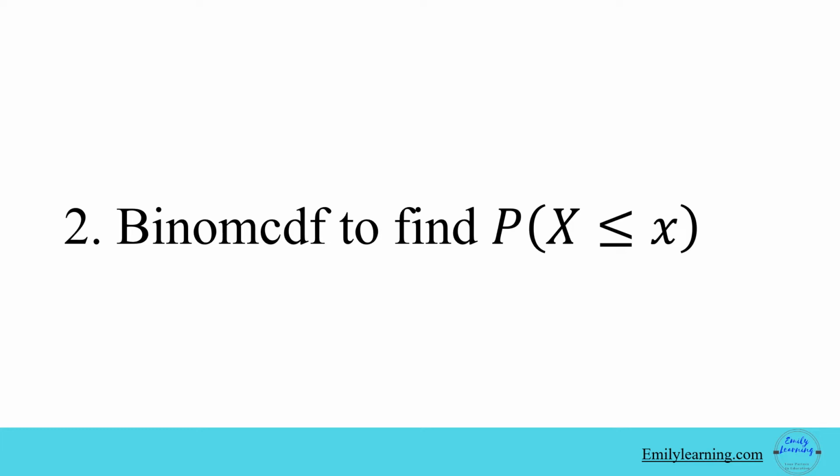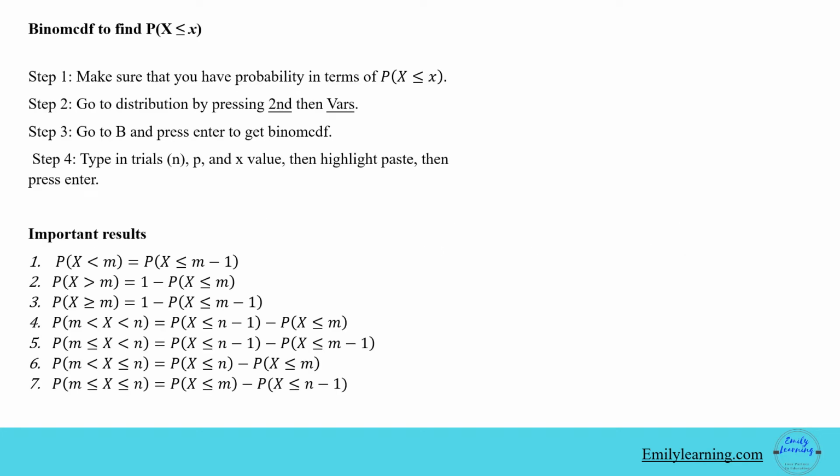In this section, we'll find what is P of X lesser than or equals to x using the Binomcdf function of your graphic calculator. In order to use the Binomcdf, your probability must be in this format, P of X lesser than or equals to x.